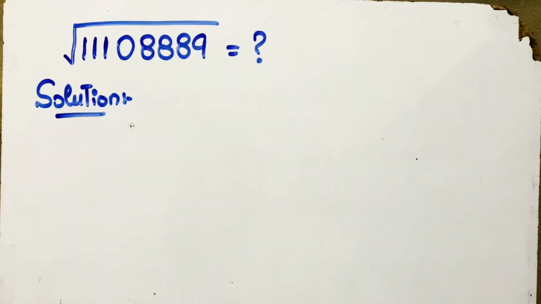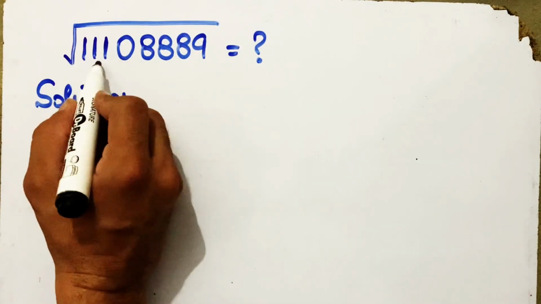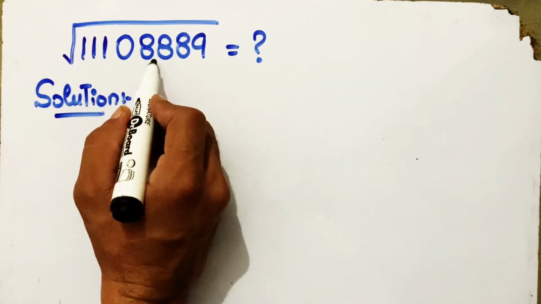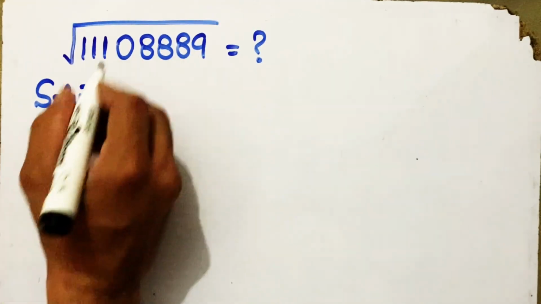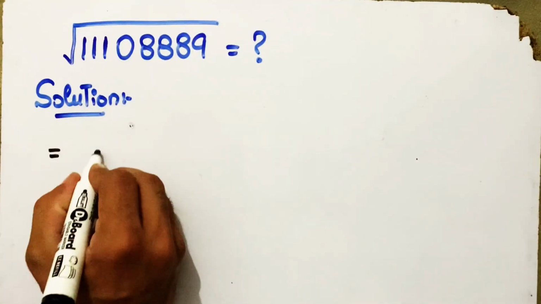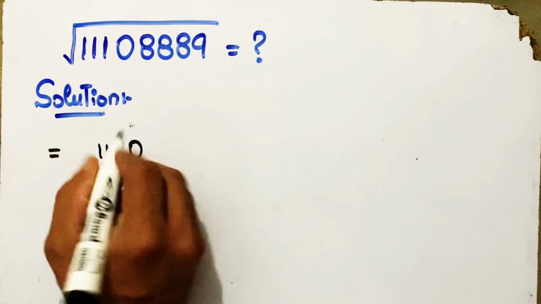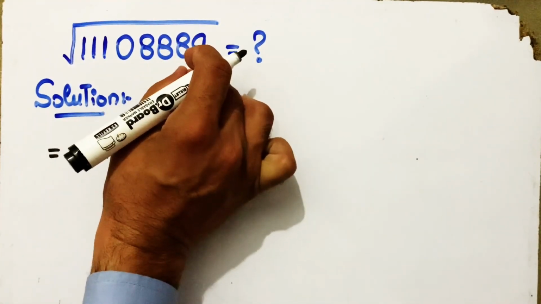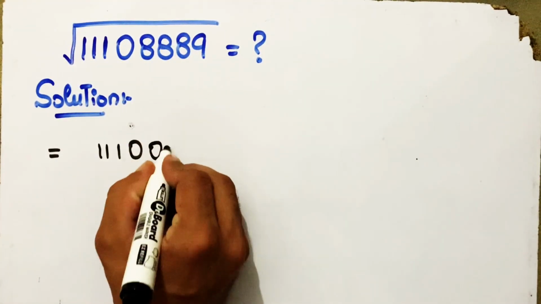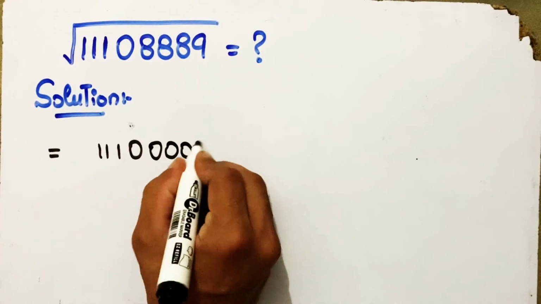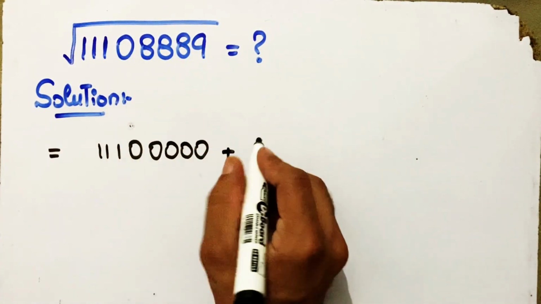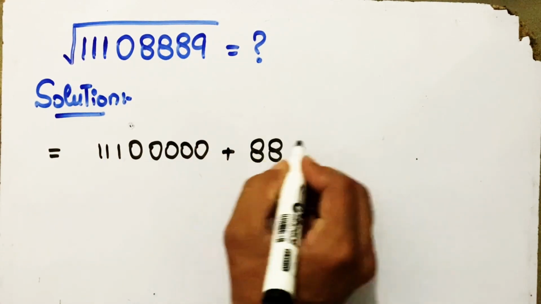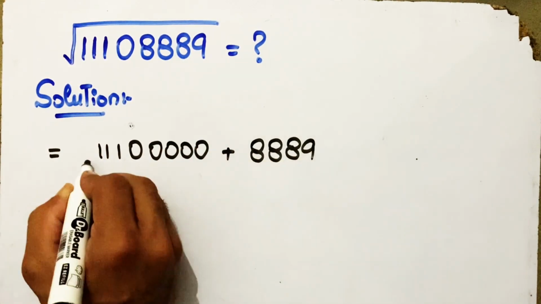So as our question is the square root of 1110888 and 9 here. If I break down our equation, it becomes 1110 and all of the remainder 4 digits I write here 0 0 0 0 and 0 here, plus the remainder term, 8 8 8 and 9 here.